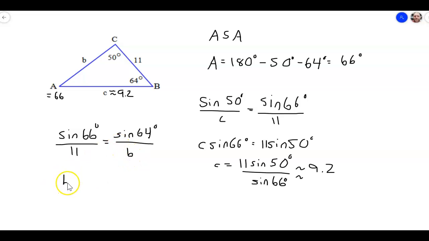If we do that, we get little b is equal to 11 times the sine of 64 degrees, all over the sine of 66 degrees. This is cross multiplying and dividing.